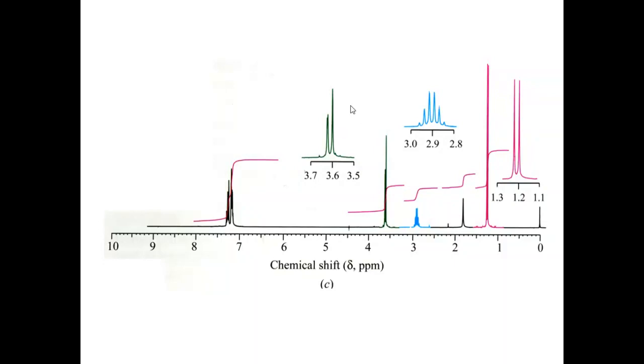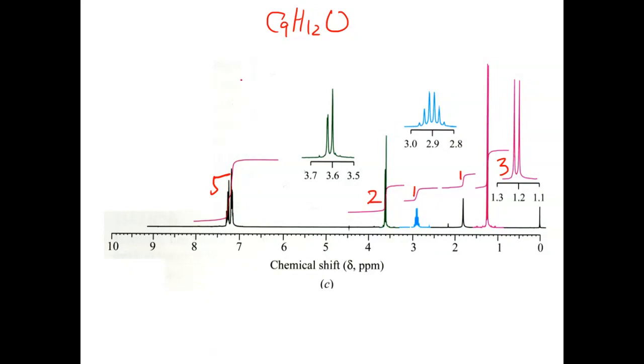Again, it's a C9H12O isomer. Okay. So if you look at the area, still 5. Do we have 3? Yes. And the 2, 1, 1. Okay.